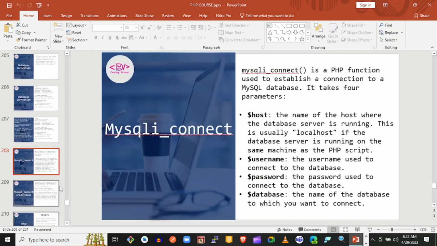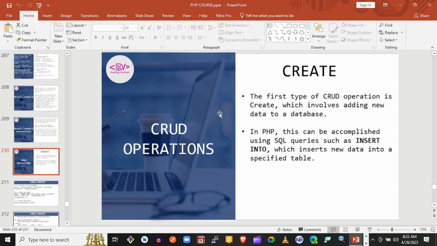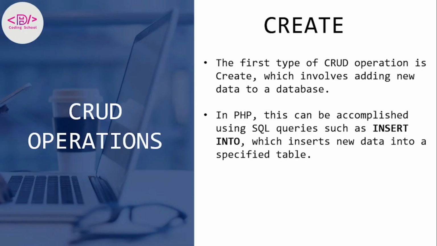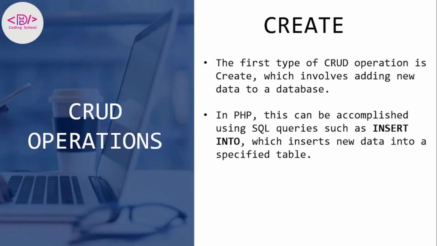So let's just move to where we have the create here. On the CRUD operation, the first one is called create, and it is the one which adds or inserts the data into the database. In PHP, this can be accomplished using the SQL query insert into.